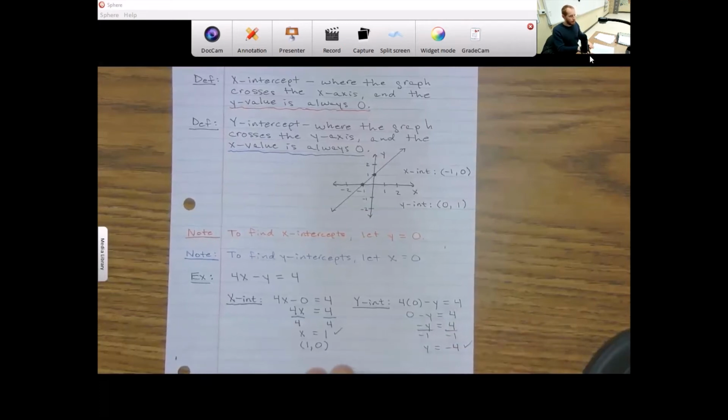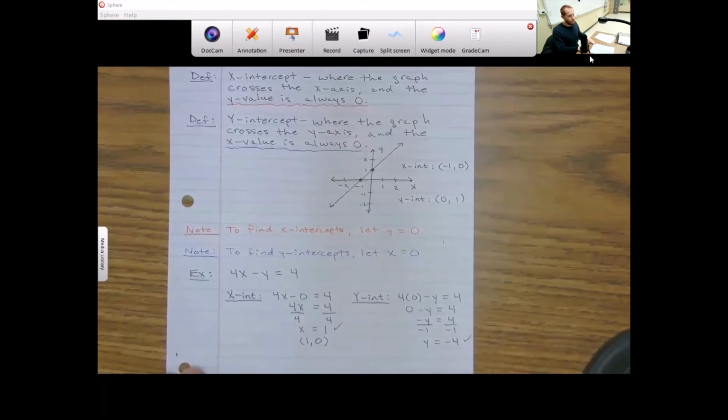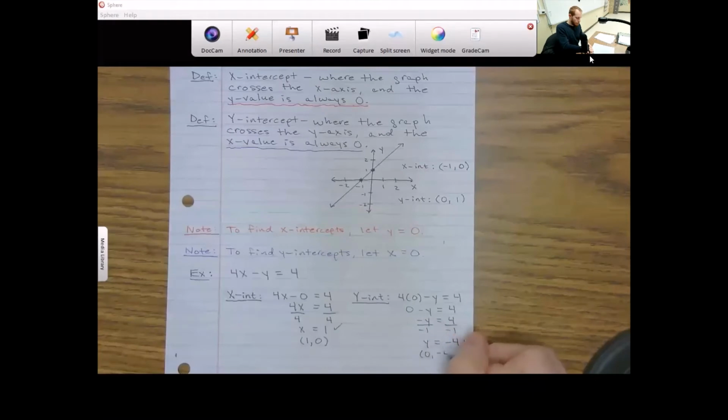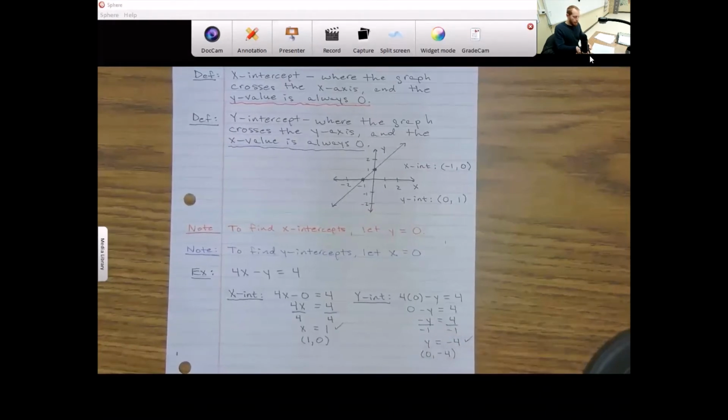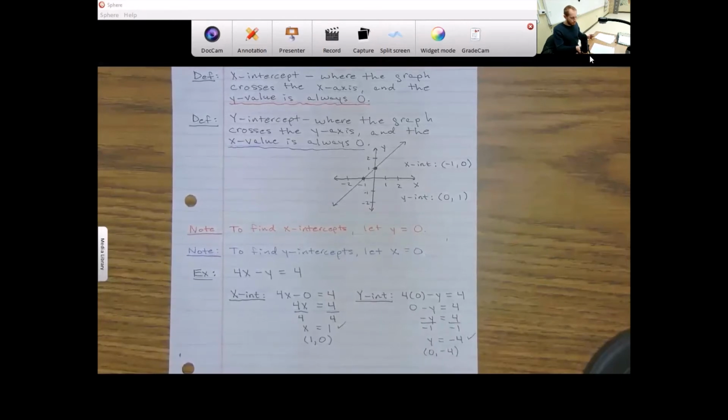So that's my y-intercept. So now what's my ordered pair going to be? It's going to be 0, -4. I know that my y value is going to be -4. I got that from the problem. But how do I get my x value? I get it from this note right here. I'm letting x equal 0.